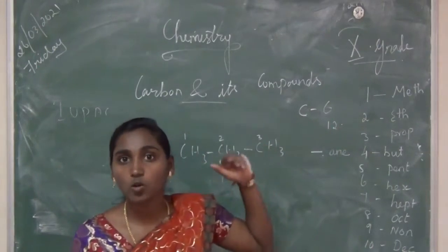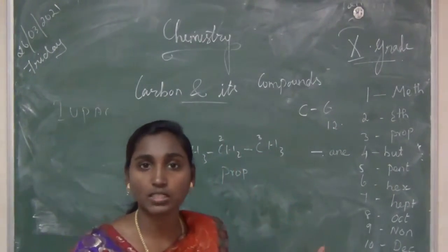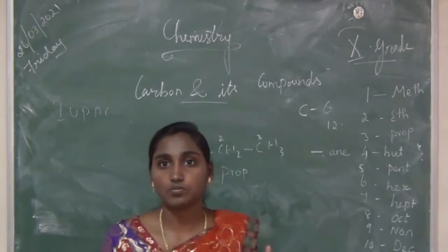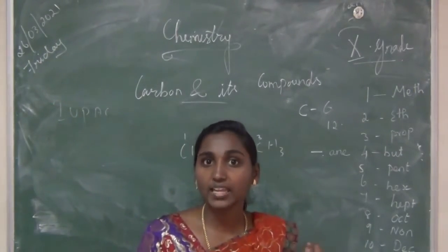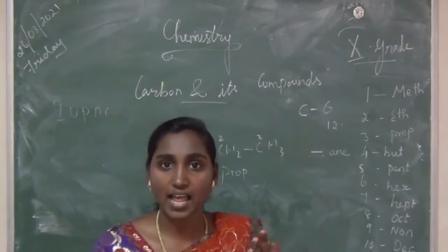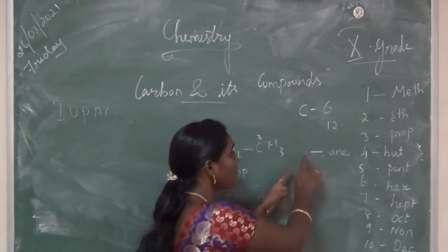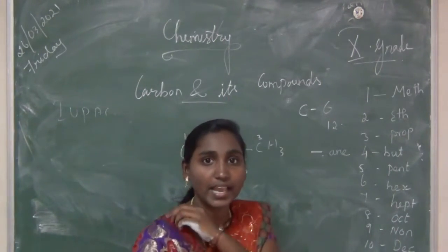Under hydrocarbons, we studied that a compound of hydrogen and carbon is called a hydrocarbon, and hydrocarbons are classified into 3 types. Do you remember what they are? Yes, alkane, alkene and alkyne. We studied 3 types. Based on that, if a compound has a single bond, the suffix is ANE.